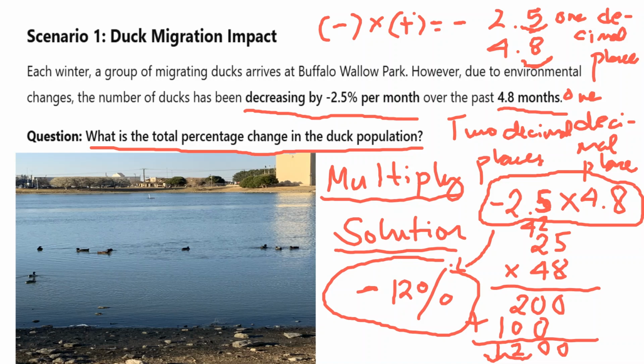So that's when you multiply negative 2.5 by 4.8, you'll have negative 12. And going back to the rule of signs, negative times positive is negative. Now we can make our conclusion over here.